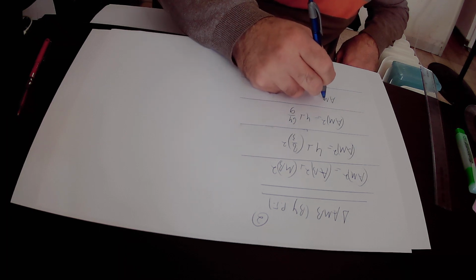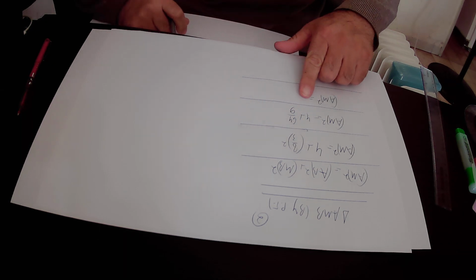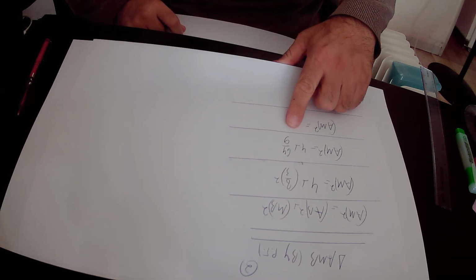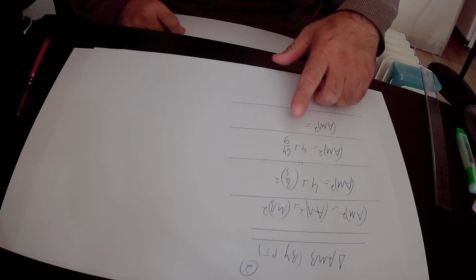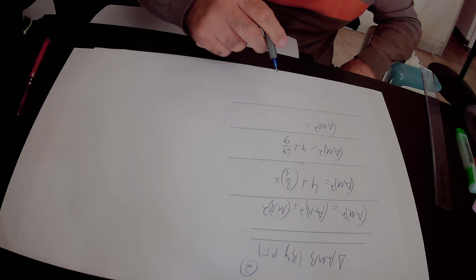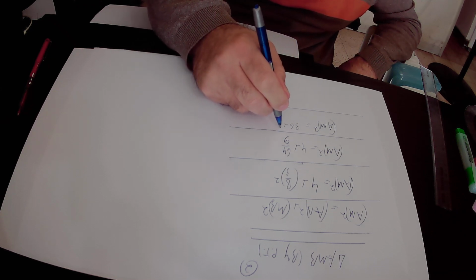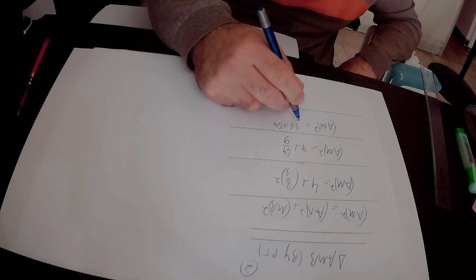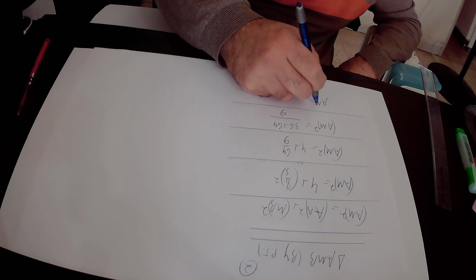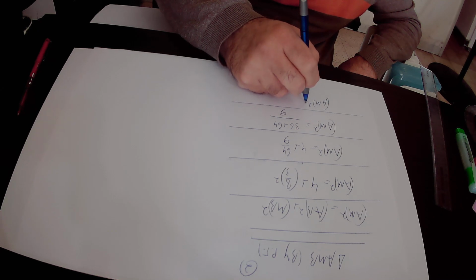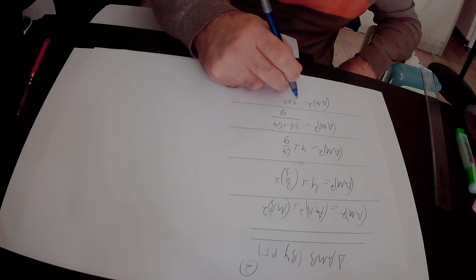So AM squared equals 4 plus 64 over 9. Here we multiply 4 by 9 and divide by 9 to get a common denominator: 4 times 9 is 36, plus 64, over 9. So AM squared equals 36 plus 64, that is 100 over 9.